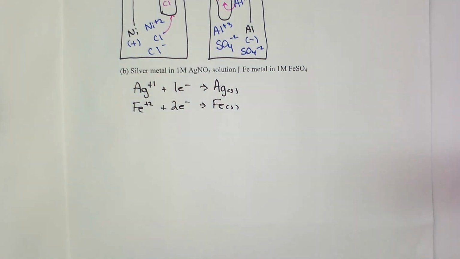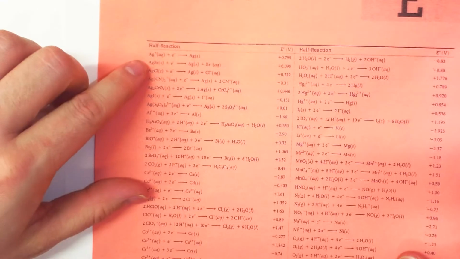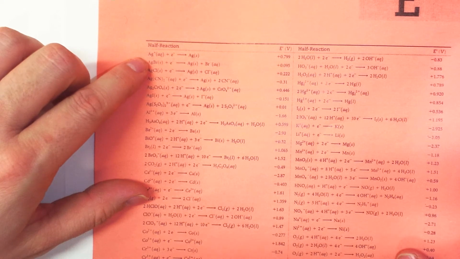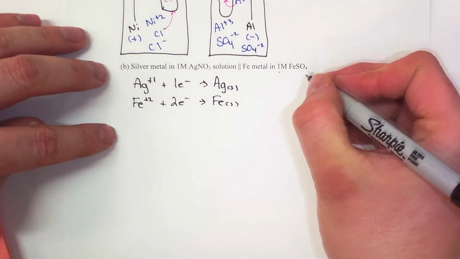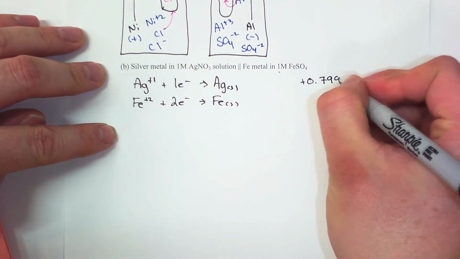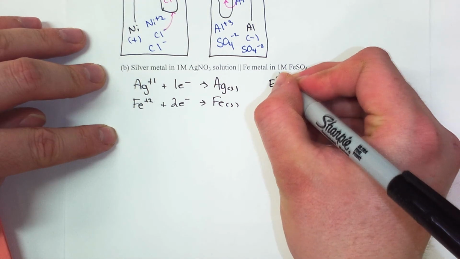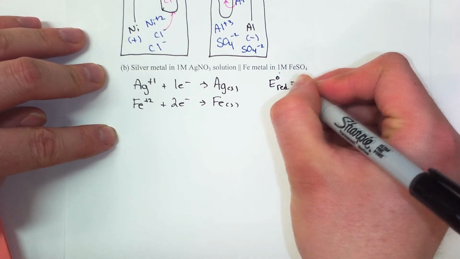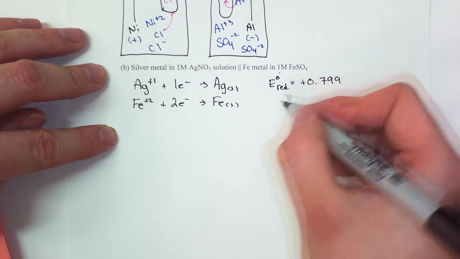So we need to go back to the standard cell potential, so we're just going to find them. So we have silver to look up first, and these are alphabetical. So silver is plus 0.799. And that is the standard state reduction potential, which is why we use the little degree sign.